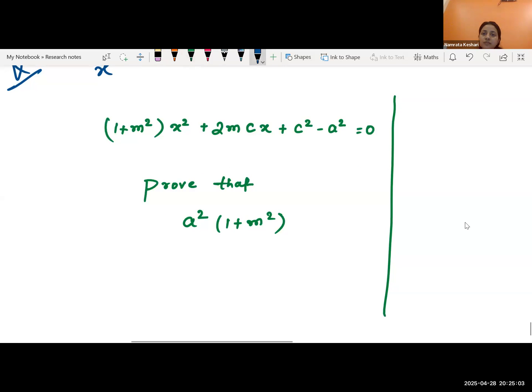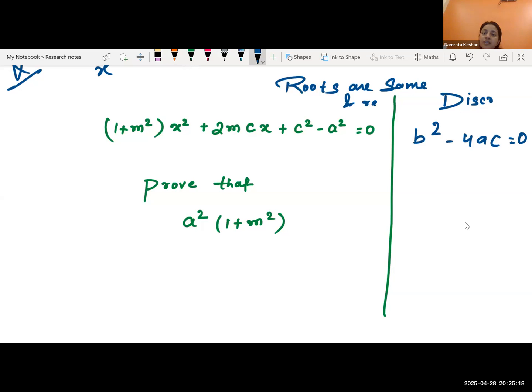Yes, ma'am. b square minus 4ac is equal to zero, right? If roots are same and real, that means the discriminant is equal to zero. Do you know this case, Inam? I don't know how.